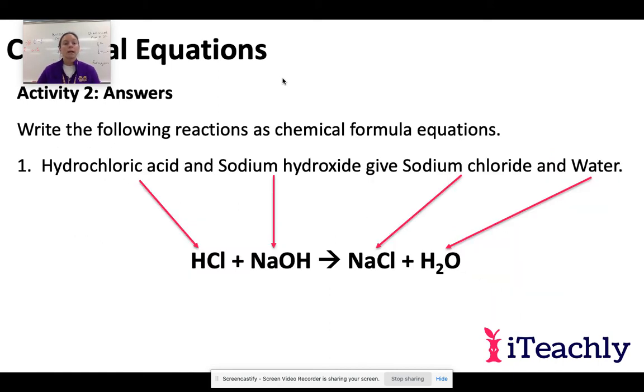Hydrochloric acid is HCl, and sodium hydroxide is NaOH. Notice the word and we've replaced with the plus sign, and gives, remember, gives means produce, so I need to have a yield. Sodium chloride is NaCl, and with our plus sign, water, H2O. So HCl plus NaOH yields NaCl plus H2O.